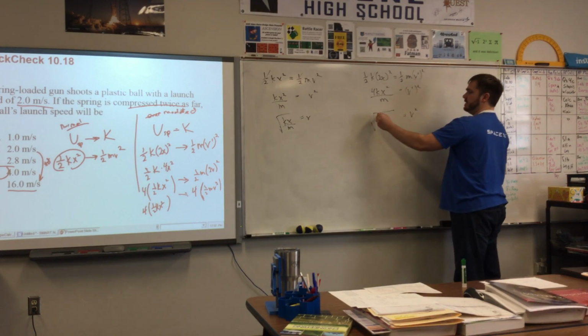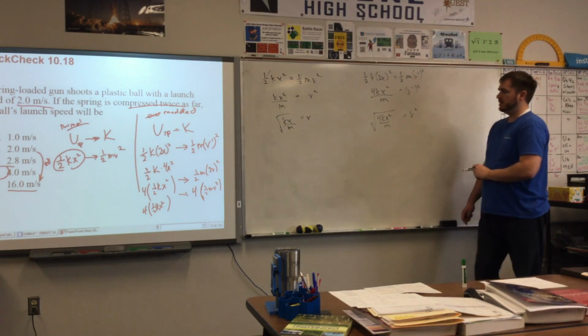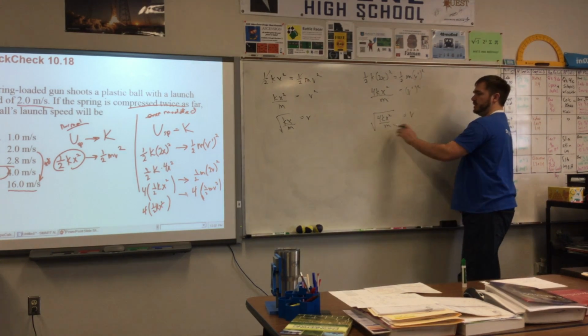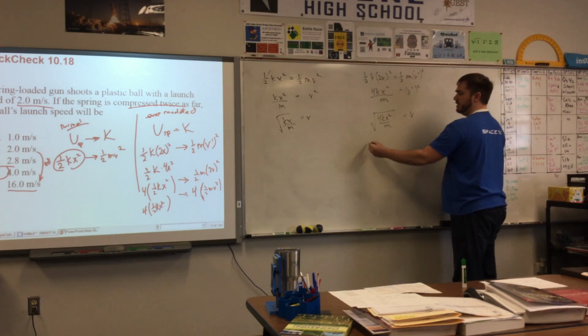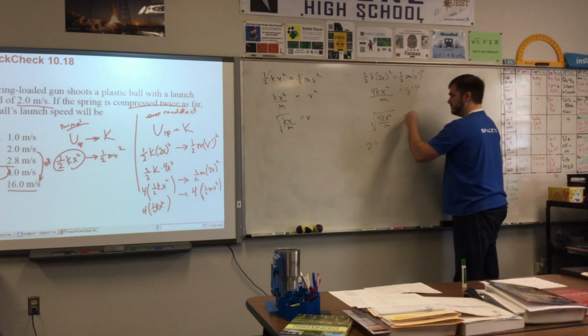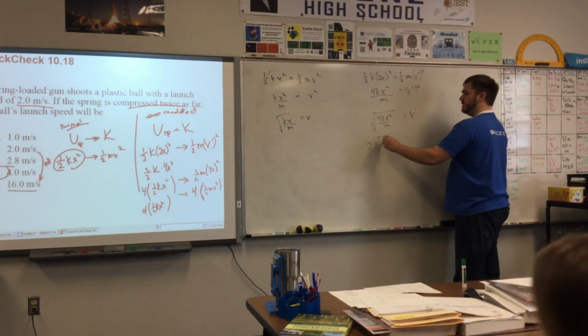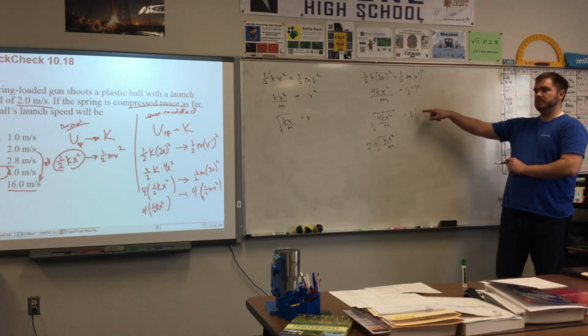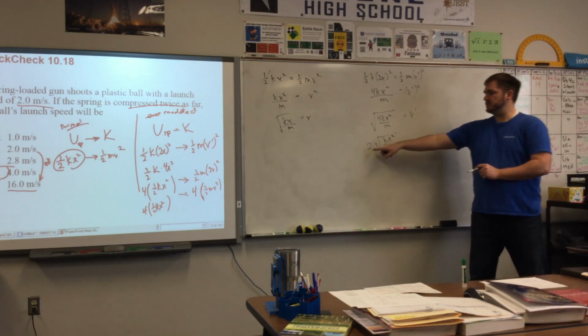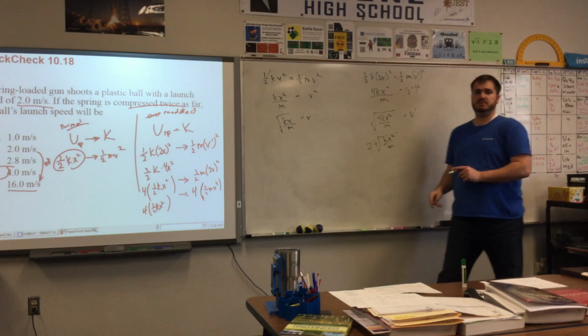So the square root of 4kx squared over m. Your mathematics says you can separate, you can pull out the 4, so it's 2 times the square root of kx squared over m. So the new version is 2 times the old version.